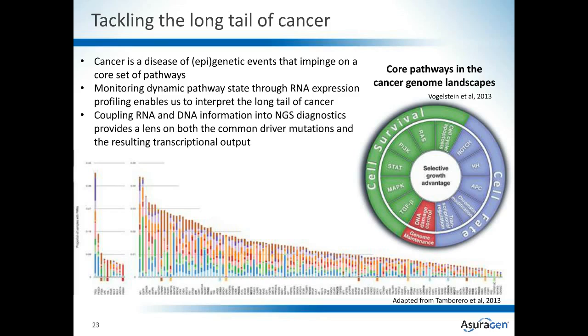This is extremely important in the context of a clinical setting where you may have a particular specimen that does not have a known driver mutation. Using the RNA expression readout to determine the state of dysregulated pathways can allow a clinician to make a determination as to the diagnostic state of the sample or which therapy a subject may respond to.